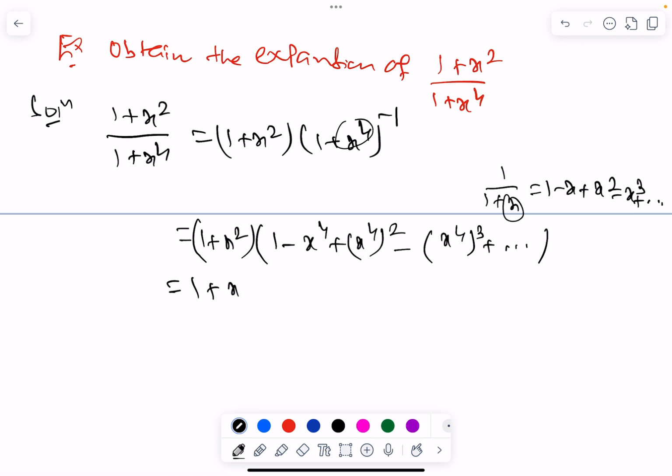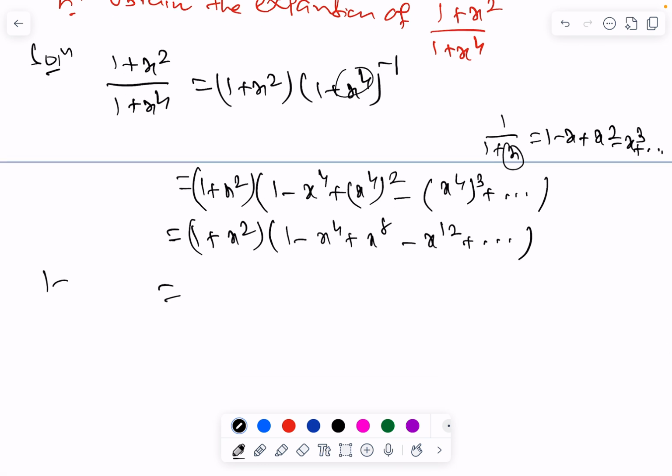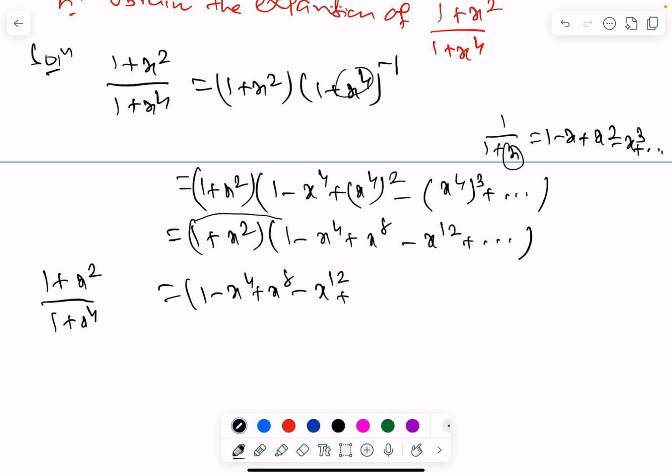So this is 1 plus x square into 1 minus x power 4 plus x power 8 minus x power 12 plus and so on. So this is equal to 1 into this bracket, so 1 minus x power 4 plus x power 8 minus x power 12 plus and so on, plus x square into this bracket.